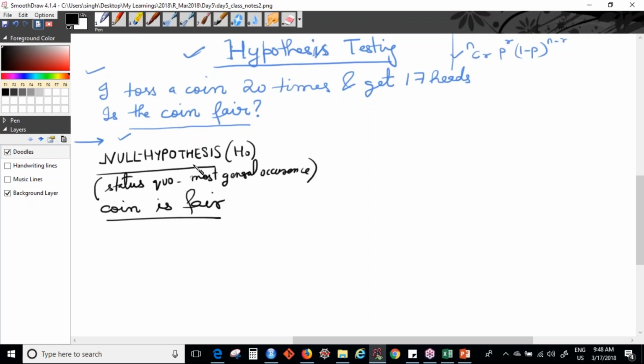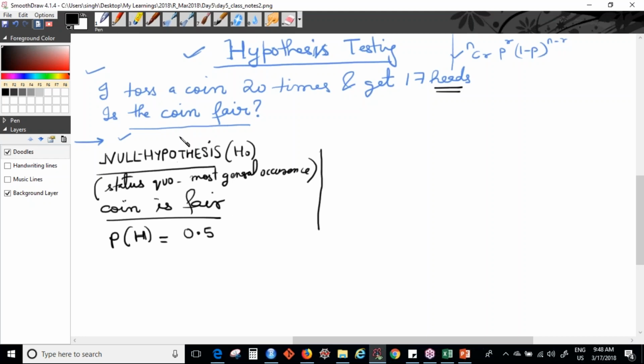When the coin is fair, what is the probability of getting a head? Since we are looking at heads, I'll be only considering head. It is 0.5, right? So your null hypothesis says that your probability of head is 0.5.